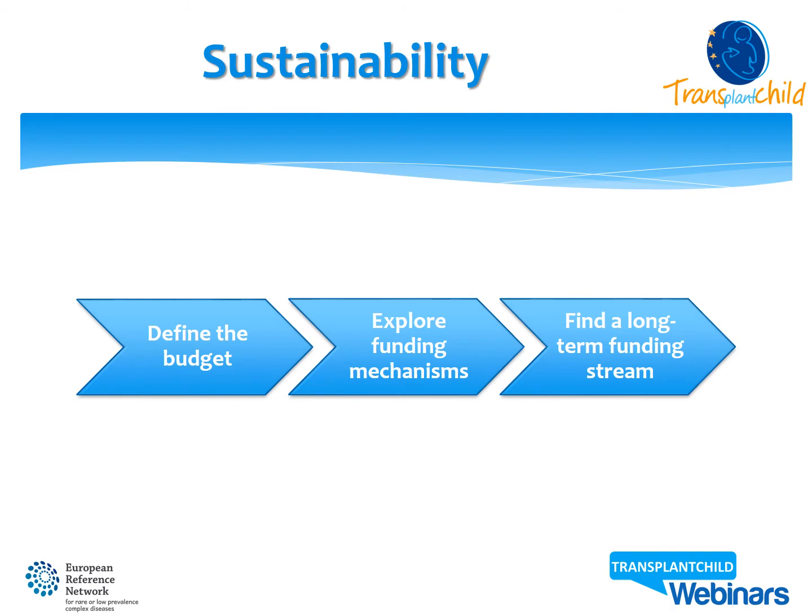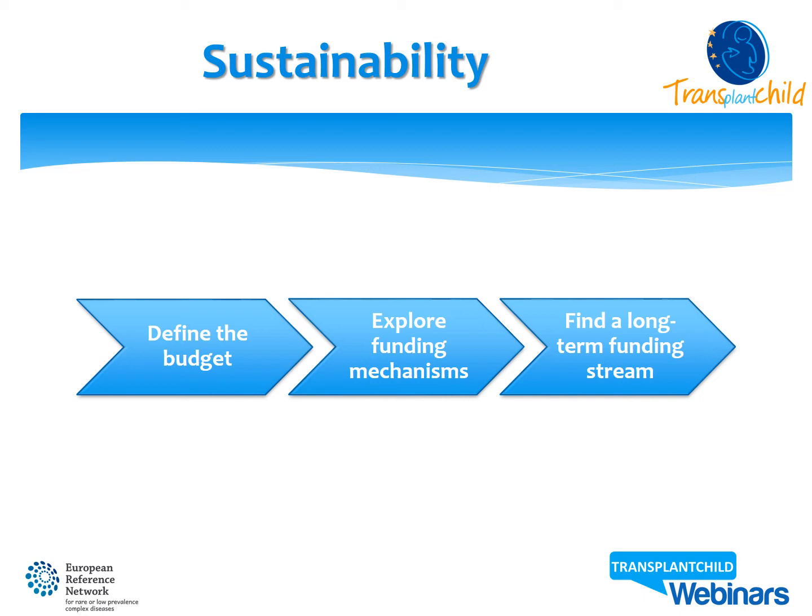Then, the next step, as we stated, is to assure the sustainability of the registry. And for that, we need to go through 3 different phases. The first one is to define the budget that is going to be necessary for the registry, for its design, implementation, and maintenance. Then we need to explore the funding mechanisms. How are we going to get that budget? Well, it can proceed from many different origins.